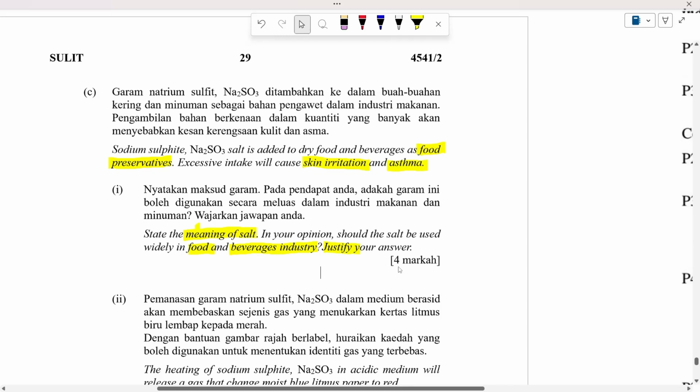Then if you do not agree, what is the reason? It will cause what? Health problem, right? Here already mentioned skin irritation, asthma. Health problem. What else?